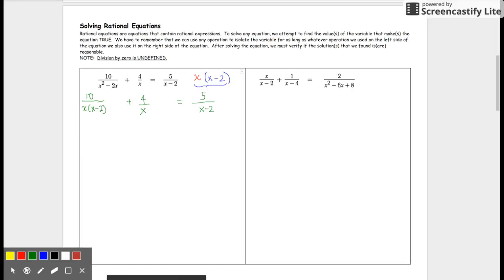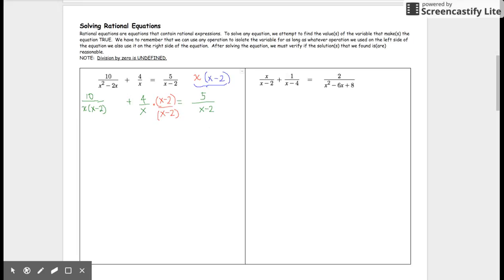We don't need to fix it. But the denominator of 4 is missing something. So we need to fix 4 over x. We could multiply this by x minus 2 over x minus 2. If we do that, the denominator will be x times x minus 2.